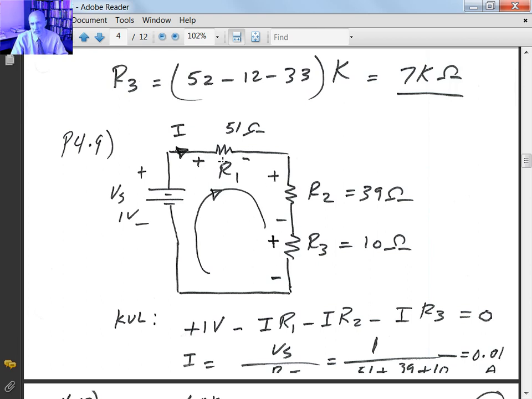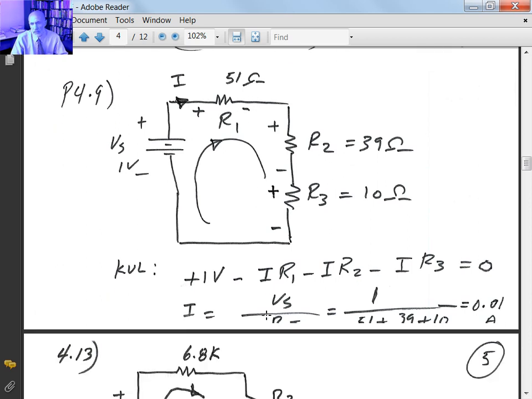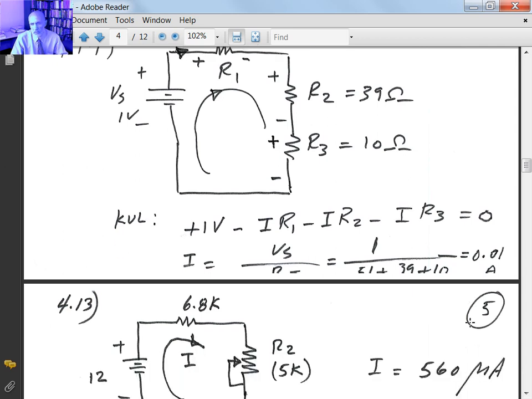You go from positive polarity to negative polarity is the drop in the potential. Well, either way, it really gives you the same thing. So it would be 51 plus 39 plus 10, that's 80, 90, 100. 1 divided by 100 is 0.01 amp or 10 milliamps.